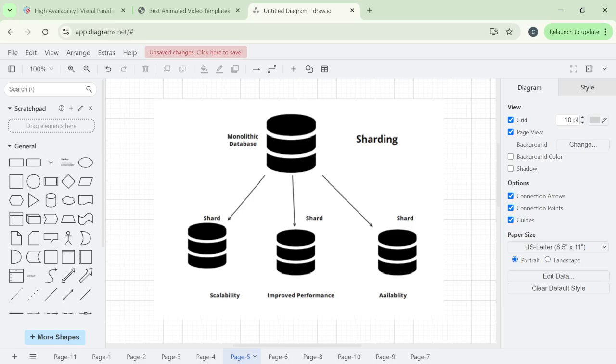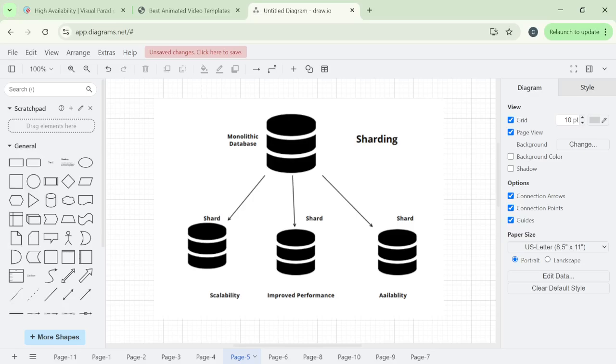Each shard can be hosted on different machines or even across geographical regions, giving you the flexibility to scale horizontally and handle more traffic without a single point of failure. That's why you'll see sharding in action behind massive scale platforms like social media networks, e-commerce giants, and streaming services. However, with great power comes great responsibility.